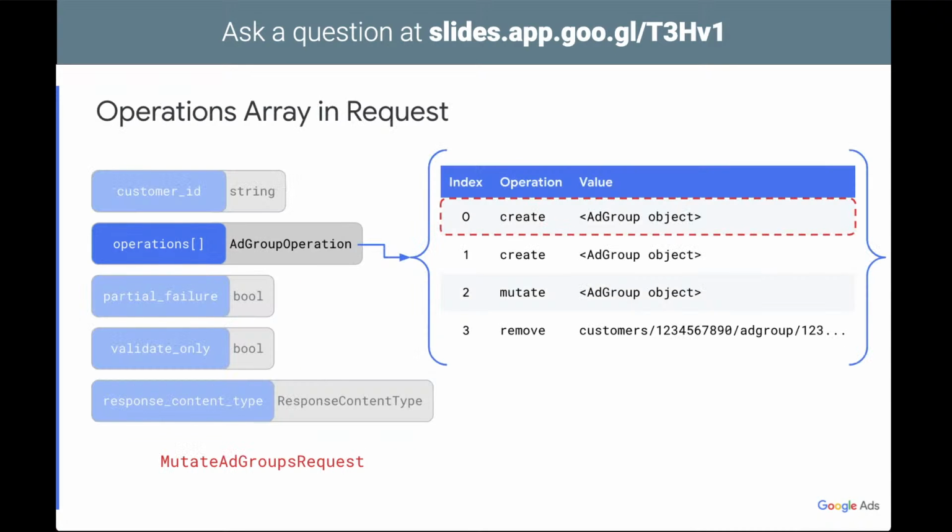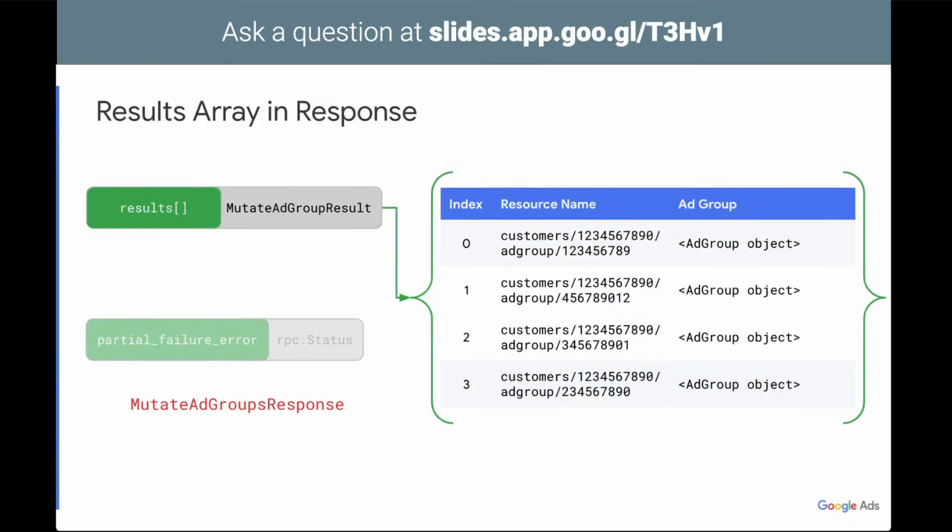Let's have a look at an example array of operations. In this example, I have 4 operations bundled together in the request: 2 create operations, 1 mutate, and 1 remove. Now, it's important to note that the order of these operations does matter, because when I receive a response, the response will contain an array of results.